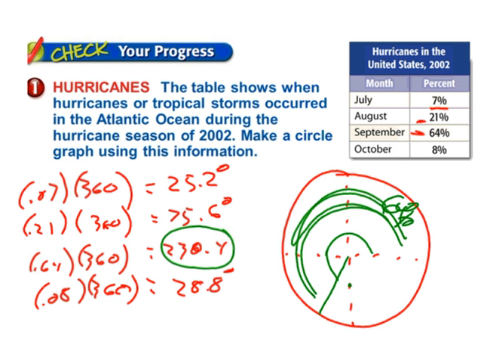All right, I'm going to do the 21%, or the 75.6 degrees. So this would get me on up to about 270, which would be about 40 degrees more. And then I've got 25 degrees beyond that. Say it's about right there. And that would be 75 degrees, or a total of 21%.